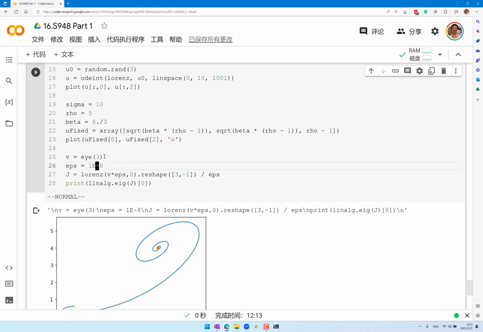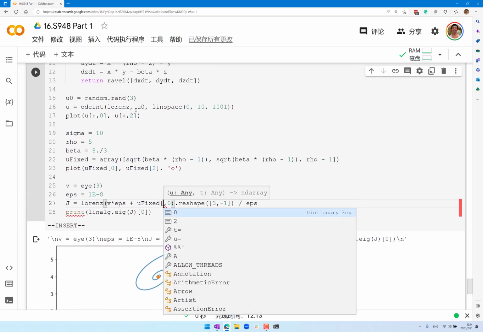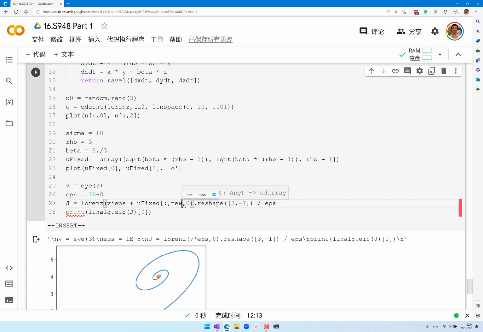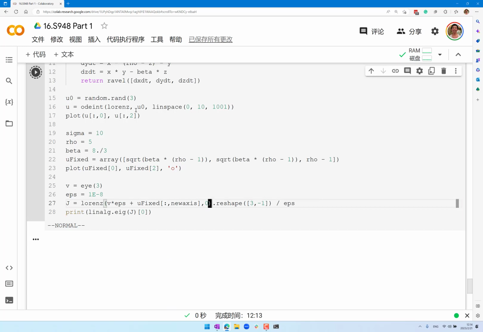We take epsilon, right? We take a Lorentz. Now instead of v times epsilon, we have v times epsilon plus this u fixed. So the first dimension is x, y, z. The second dimension has to be a new axis. Then let's print these.